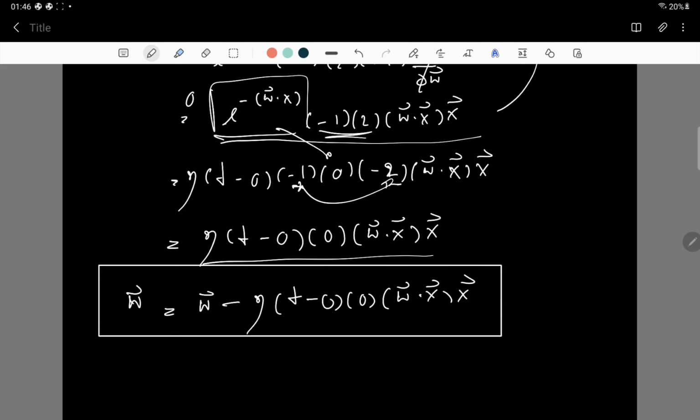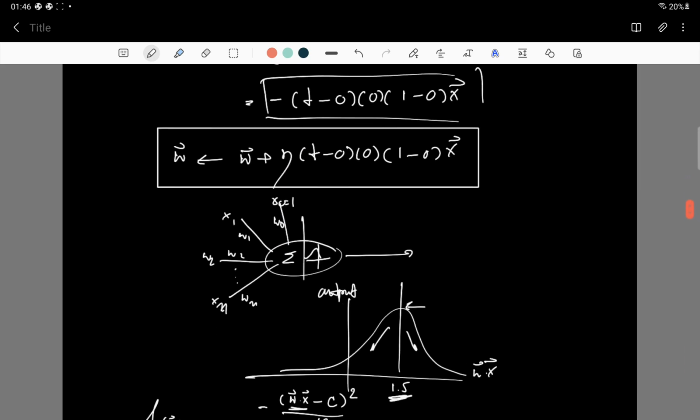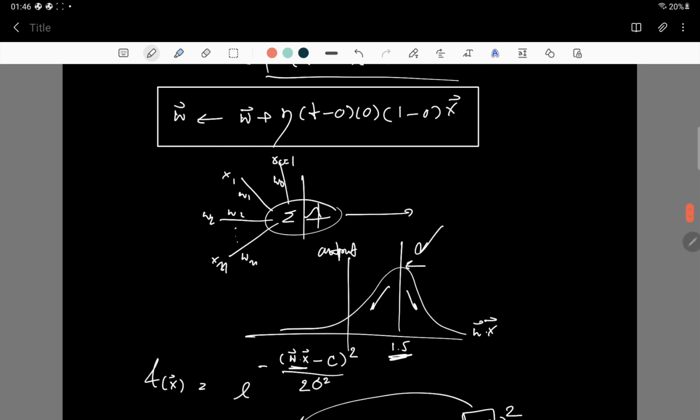Okay, so that's all. We'll check this equation using Python to train on the data that you want to be close to some value, like close to 1.5.